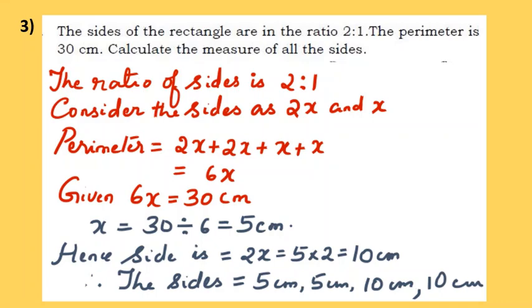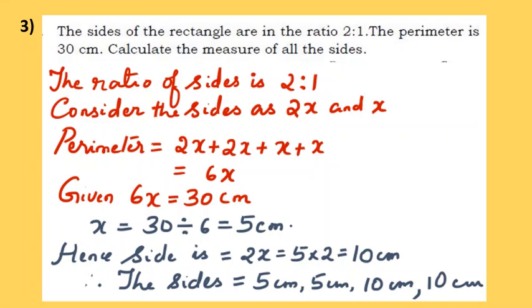Next, perimeter formula, let me write. I can use the formula also, 2 into L plus B, or I can add, because it is very clear. When we add 2x plus 2x, length plus length, plus breadth plus breadth. What is breadth? X. So x plus x. How much it comes? 2x, 2x, x added, 6x.